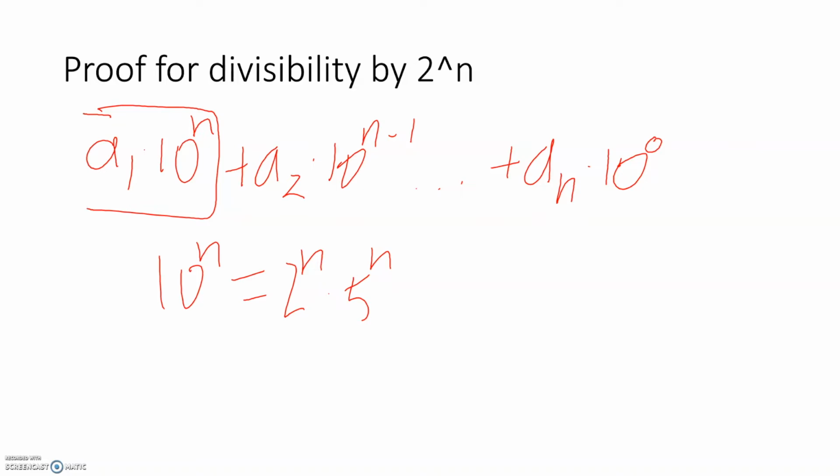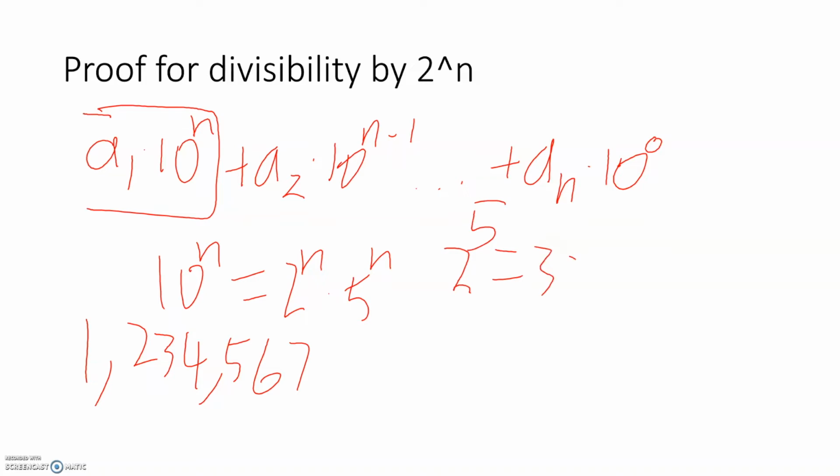So let's say we want to find the divisibility trick for 32. So let's take a large number such as 1,234,567. We only need to look at the last 5 terms, since 2 to the 5th is equal to 32, and we're trying to find the divisibility trick for 32.